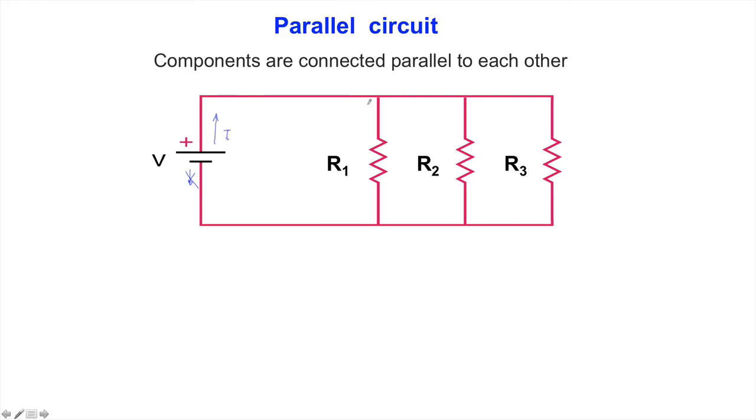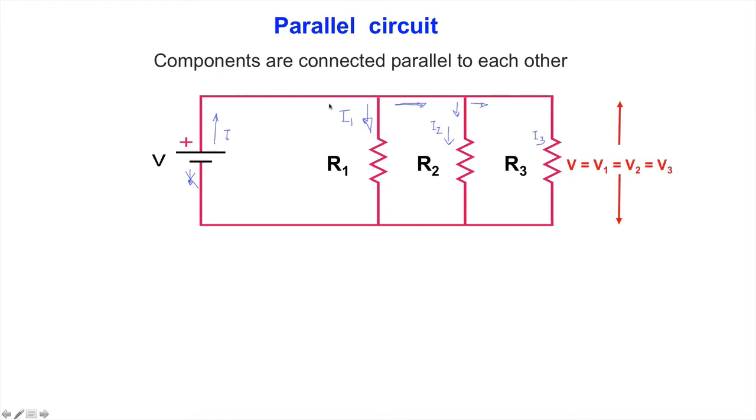So it's coming here, and when it reaches here, some of it will come to this side, and some of it will come to this side. See? When it reaches here, some of it splits to this and that. So there's always an alternative path for the circuit.